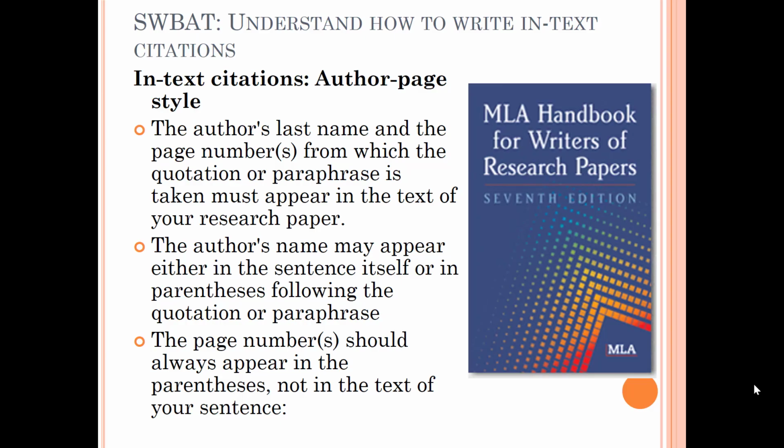There are two types of in-text citations that we need to worry about with our research reports for the Schoolyard Habitat Project. The first is in-text citation of a book, and the second is in-text citation of a website. Because all of you used either books or websites, or a combination of books and websites to gather your research for your research report.